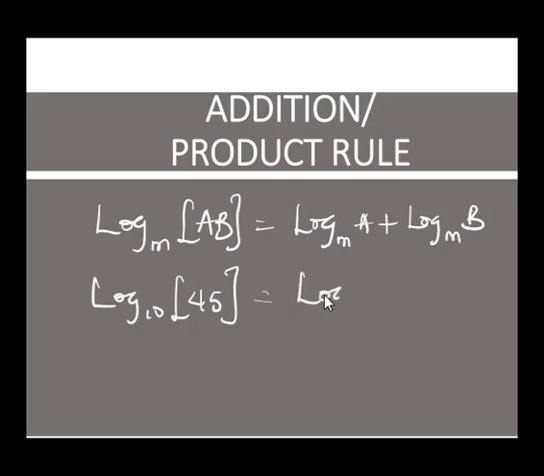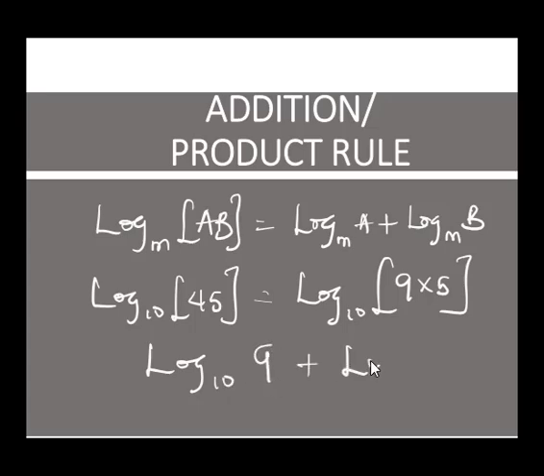That's the same thing as log 10, and 45 is 9 times 5. So you can further break this down as log base 10 of 9 plus log base 10 of 5. So this is exactly how to use the addition slash product rule.